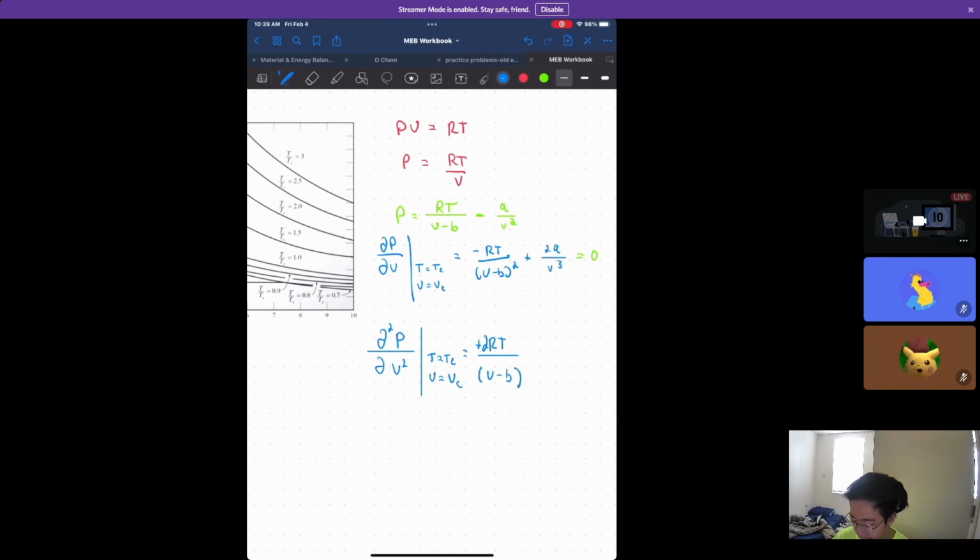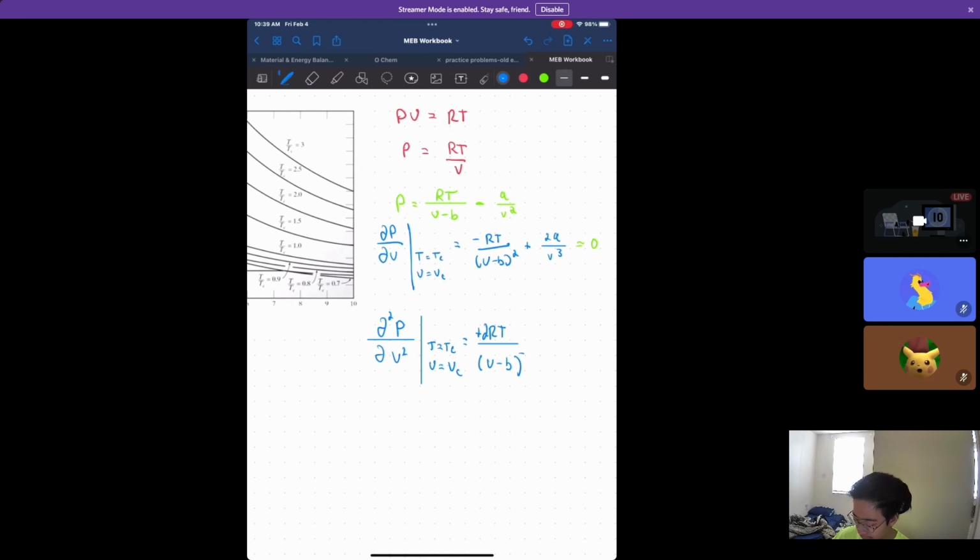Don't forget to bring up the constant. Negative, not negative, cubed. Back to negative, 6a over V to the 4th. And equals 0. Okay?